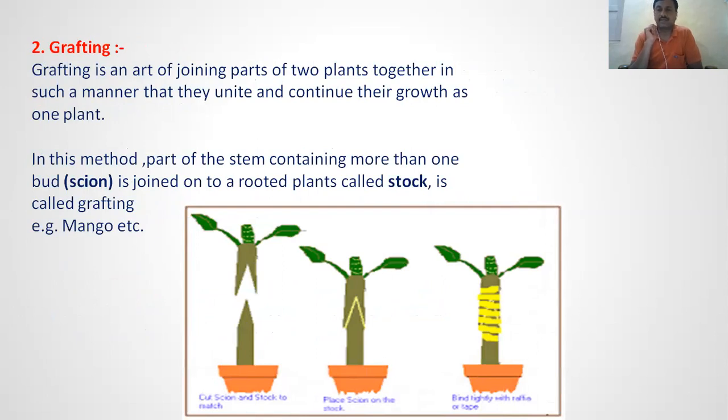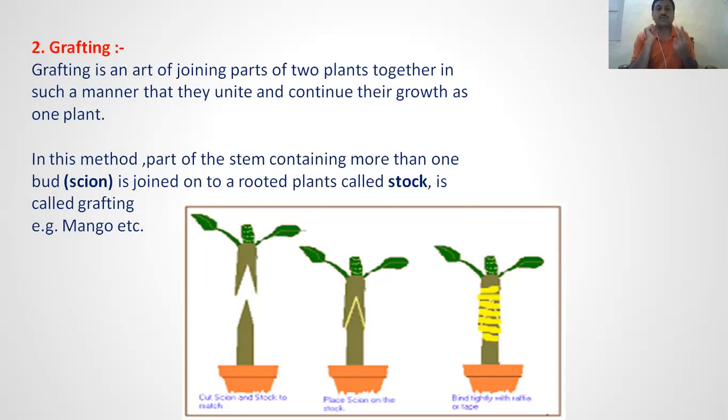Grafting is an art of joining parts of two plants together in such a manner that they unite and continue their growth as one plant. It is called grafting.